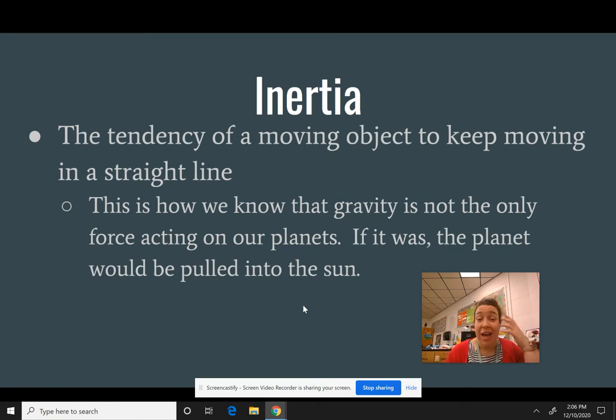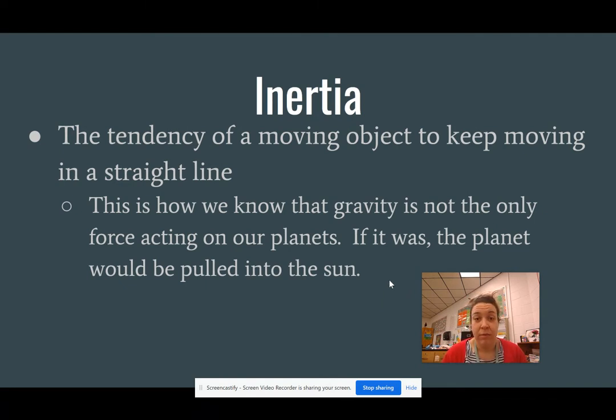But in this case, we're going to be talking about the inertia of planets. If gravity was the only force, the Earth would be pulled right into the sun. But because of inertia, we do that orbit. So thanks to inertia, I like not being in the sun's vicinity, just next to it a little bit.